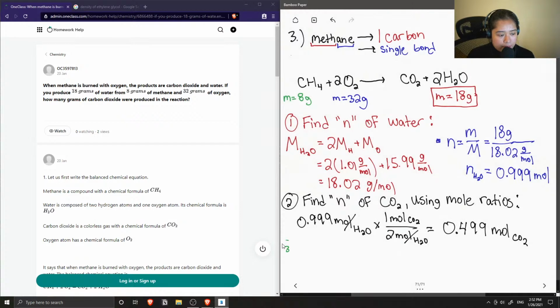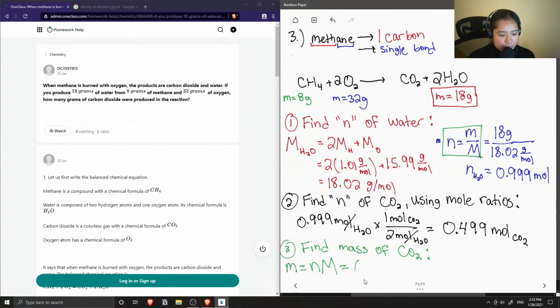And now step 3 is to find the mass of CO2. If we rearrange the equation where number of moles is equal to mass over molar mass, we can find mass by multiplying the number of moles by the molar mass of carbon dioxide.